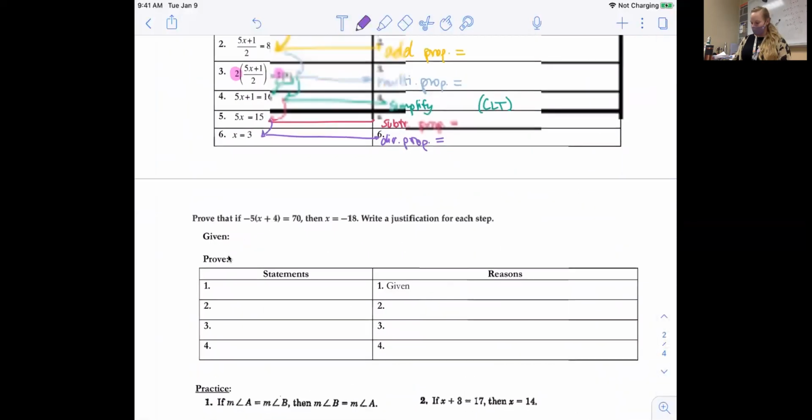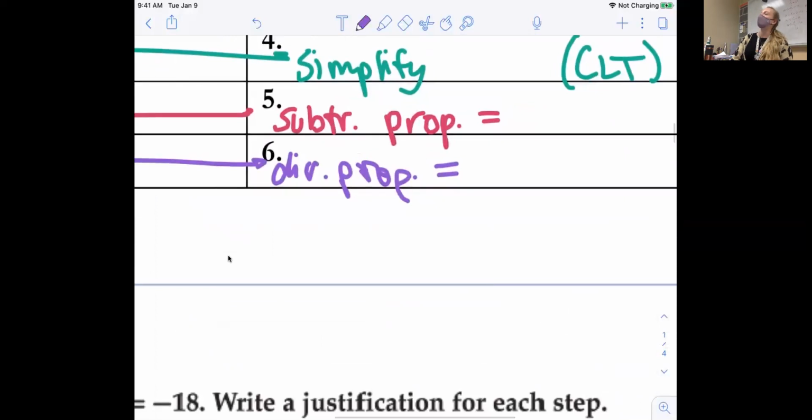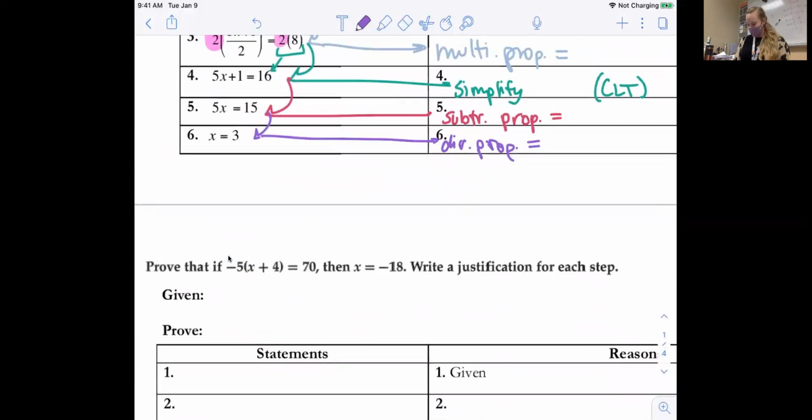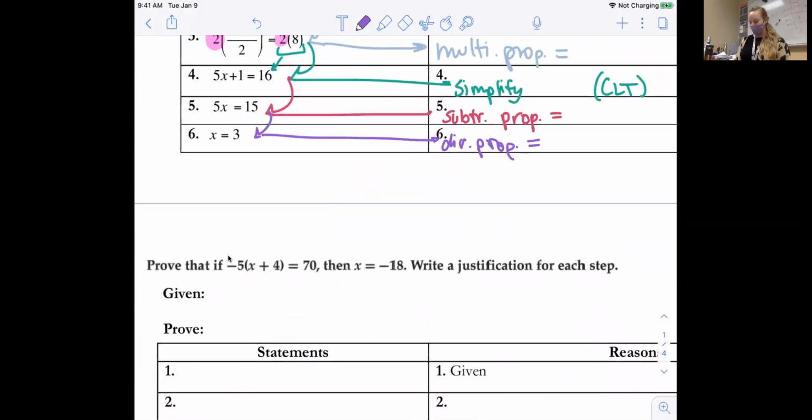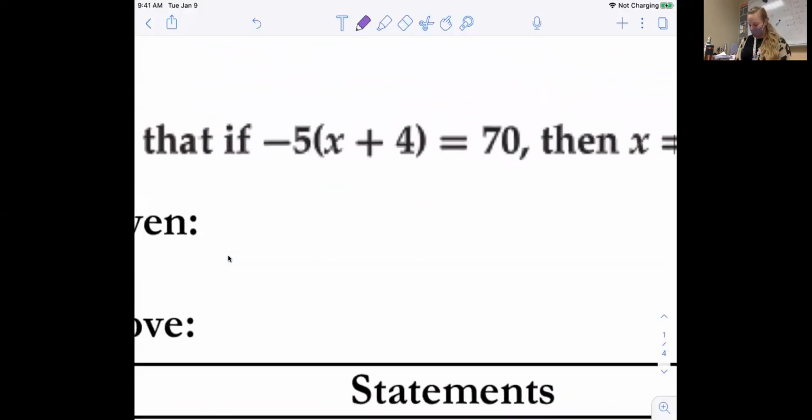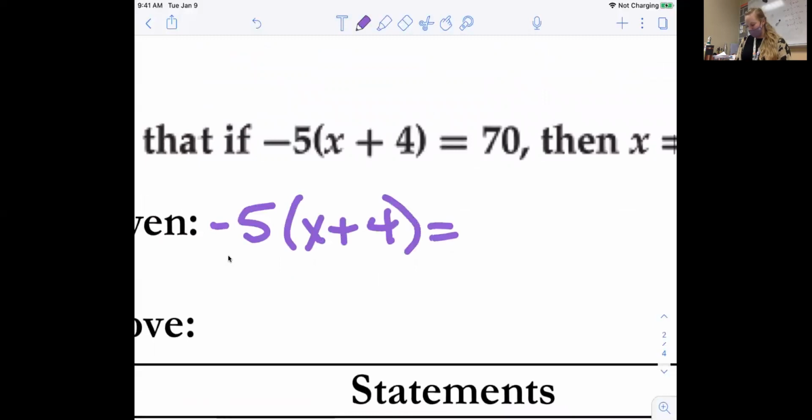What's in box 6 is division property of equality. Okay, we're going to flip to the back side. We're going to do another proof. This one says prove that if negative 5 times x plus 4 equals 70, then x equals negative 18. What's given to me is my equation: negative 5 times x plus 4 equals 70.